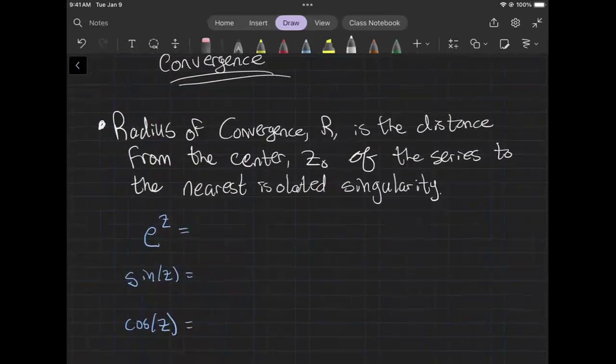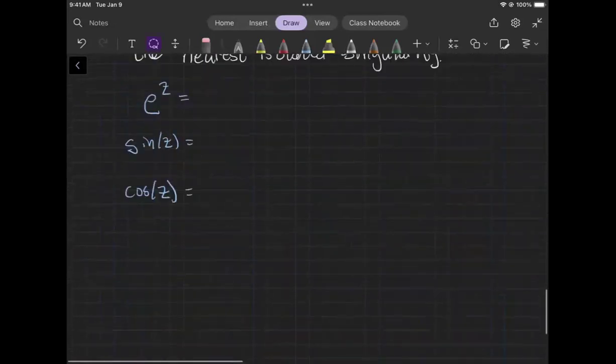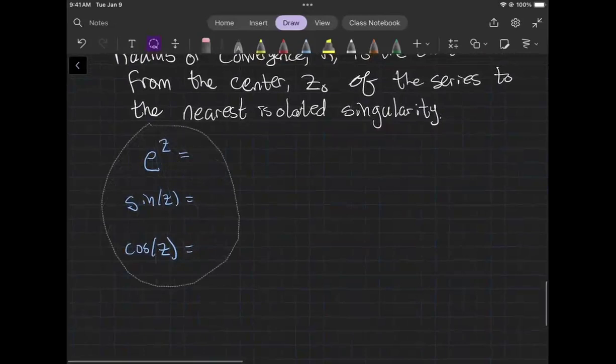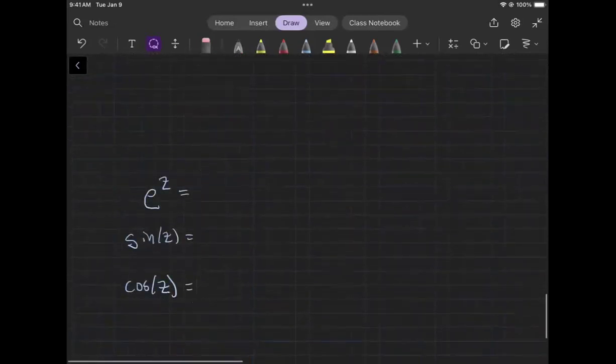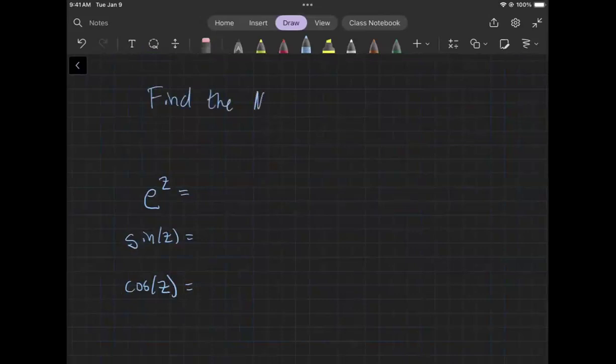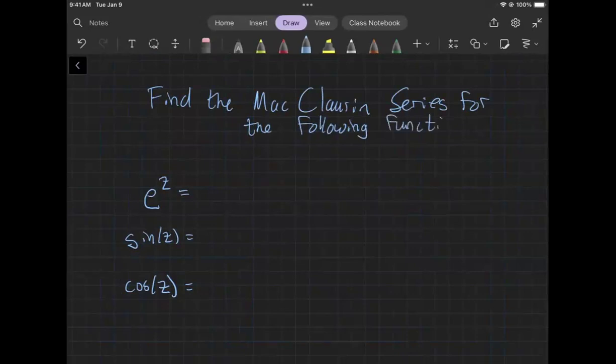So find the Maclaurin series for the following functions.